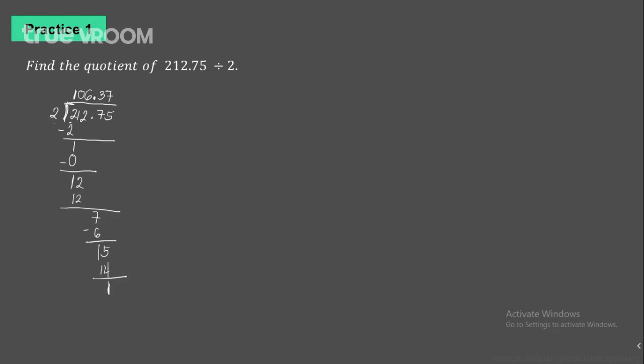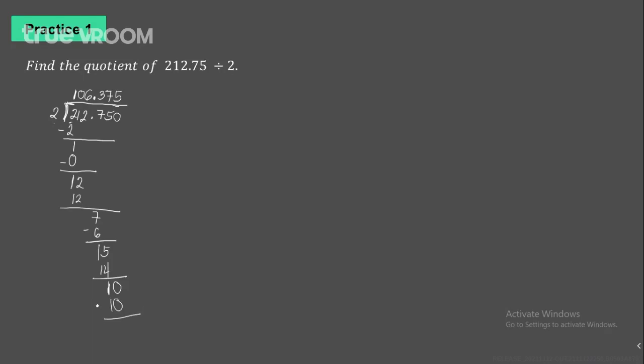We need 0. So what are we going to do? We need to add 0 to the dividend. So bring down 0. So 10 divided by 2 is 5. What is 5 times 2? That is 10.